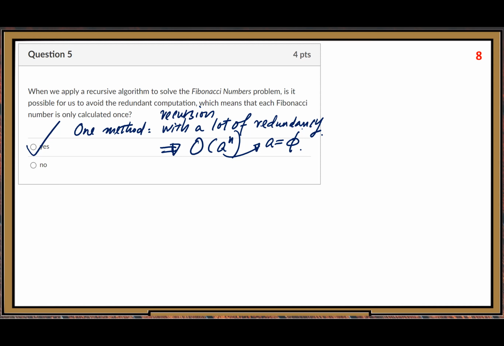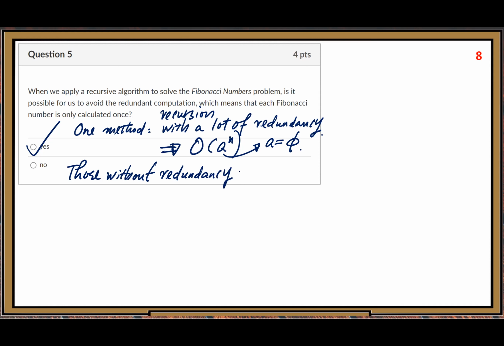But other than that, we have improved methods. Let me write this way. Those without redundancy. We have two methods, 2 or 3, without redundancy.